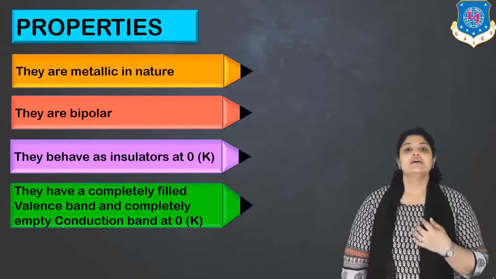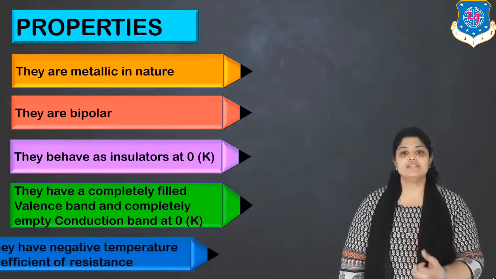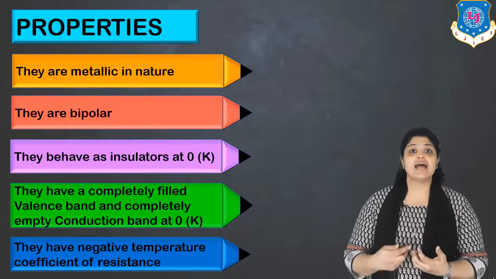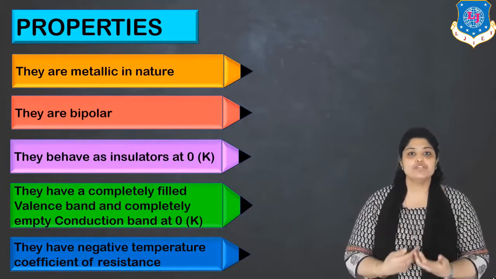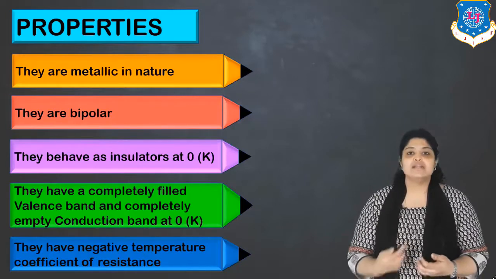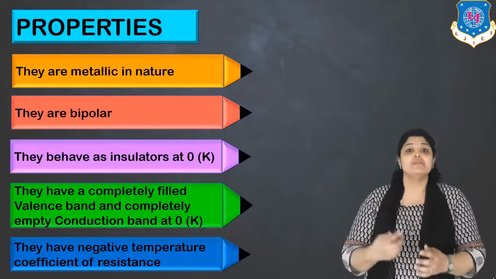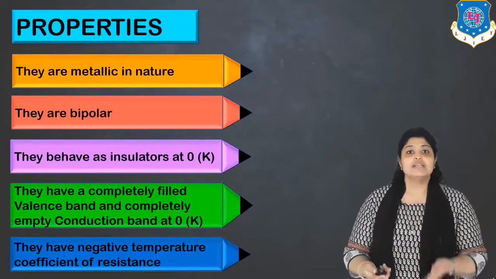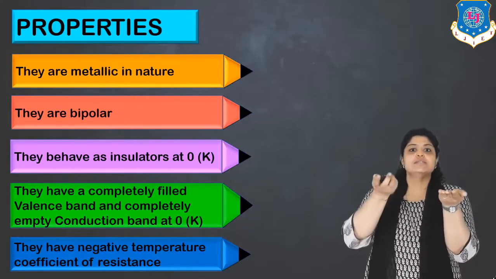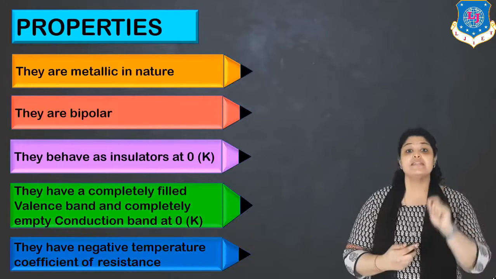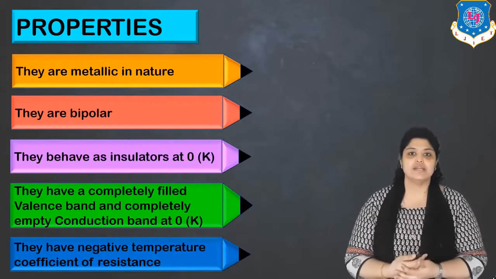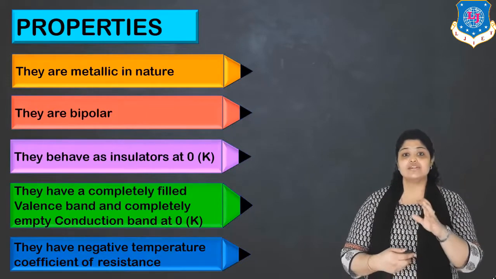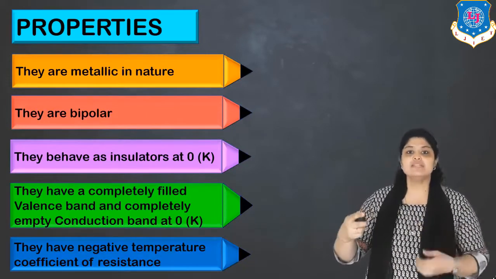Moving on to the last property of semiconductors, it is said that semiconductors have a negative temperature coefficient of resistance. What do you mean by negative temperature coefficient of resistance? Generally what we observe is that if temperature increases, resistance is going to increase. But semiconductors are exceptional materials. Why? Because increasing temperature means giving energy.